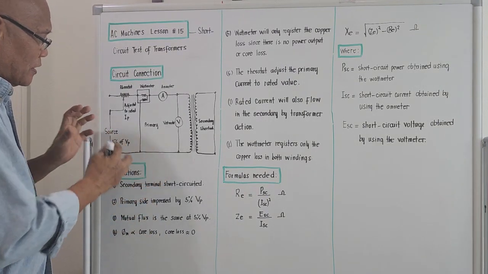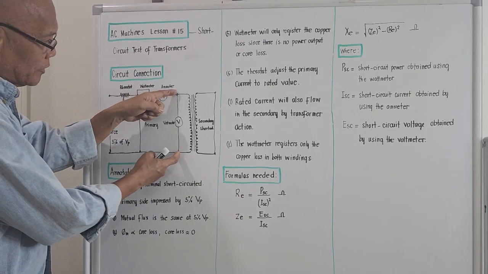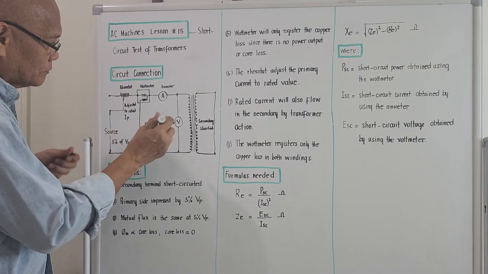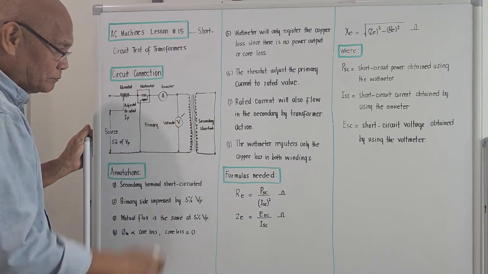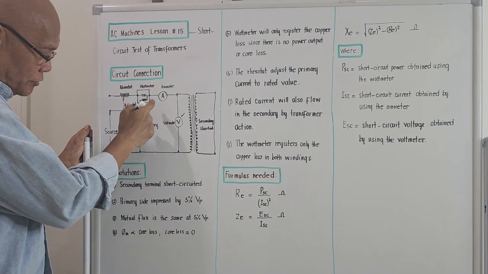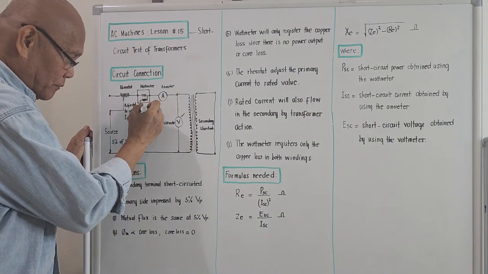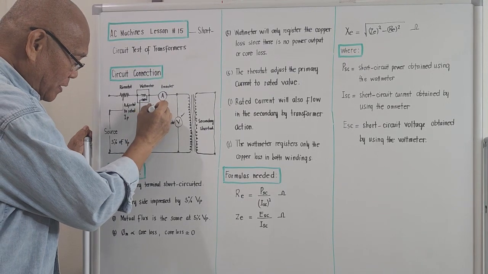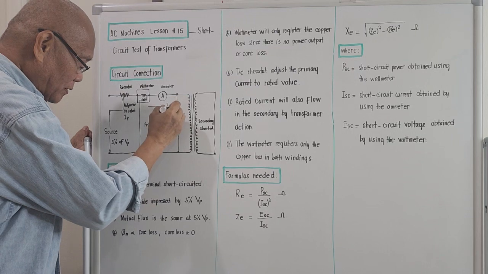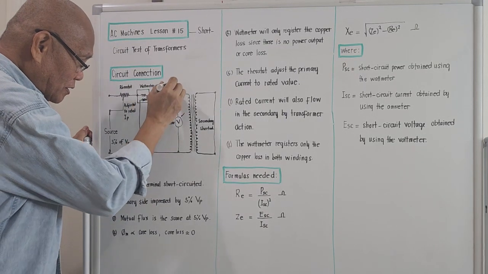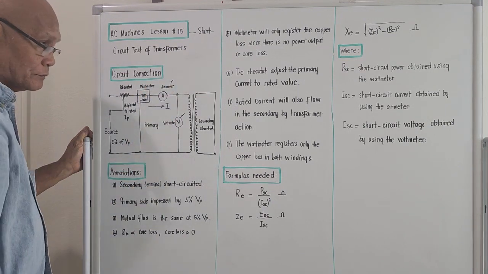On the primary side, we will connect a voltmeter over here. Of course, it's an AC voltmeter. And in series with the primary line, in which it should measure a current, in series with it is an ammeter. Of course, it is an AC ammeter.